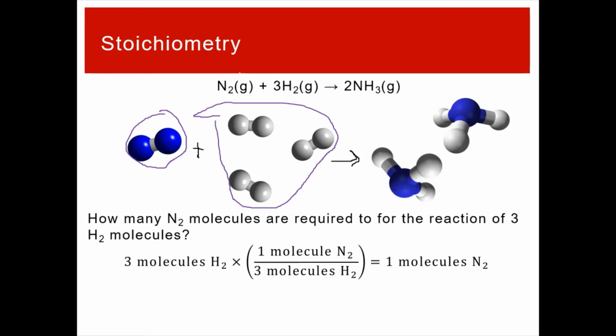And we can formally treat that by using, again, the coefficients, where the 3 right there becomes the 3 right here, and there's an implied 1 in front of the N2. So we're using those coefficients, and we're counting individual molecules, right? Remember, these coefficients come from balancing equations where we were counting atoms inside of molecules. And so we're still in this world of counting.